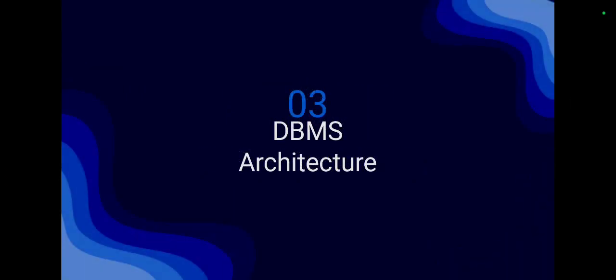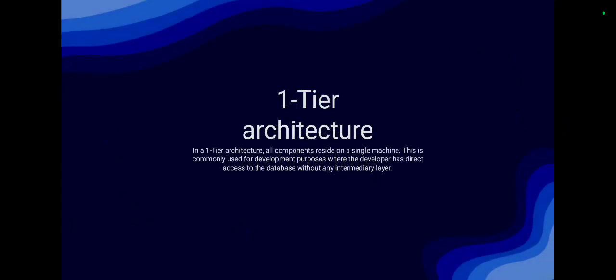And let's go into the architecture of DBMS. The way a database is structured determines its efficiency and performance. There are three main architectures. First, the one-tier architecture, where all components reside on a single machine. This setup is mainly used for development and testing environments, where a developer has direct access to the database without any intermediate layer.